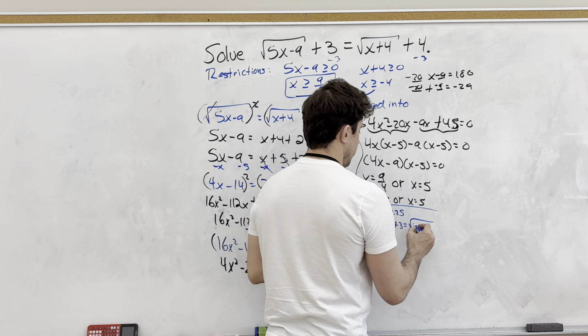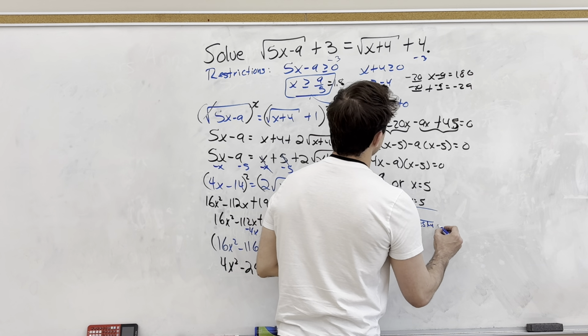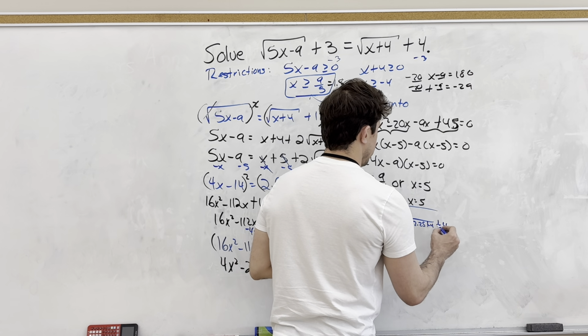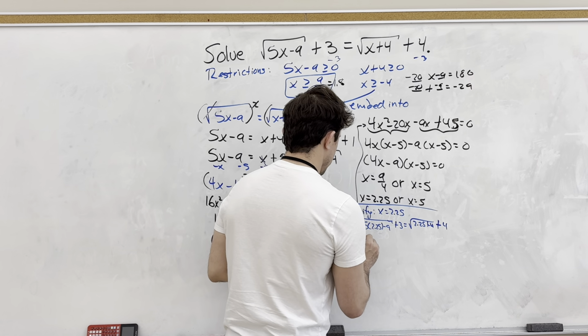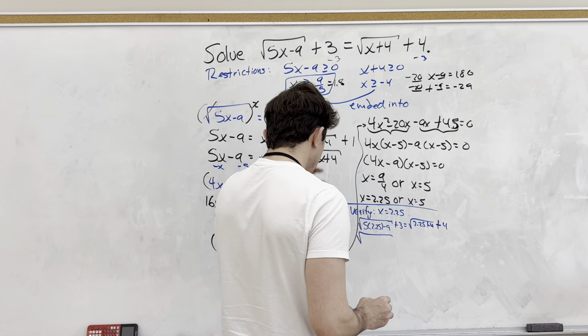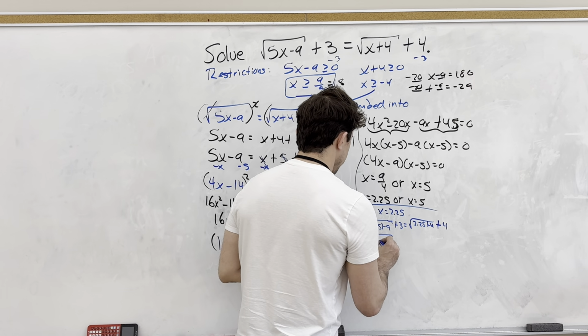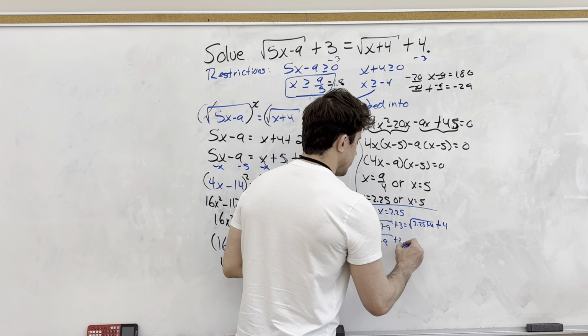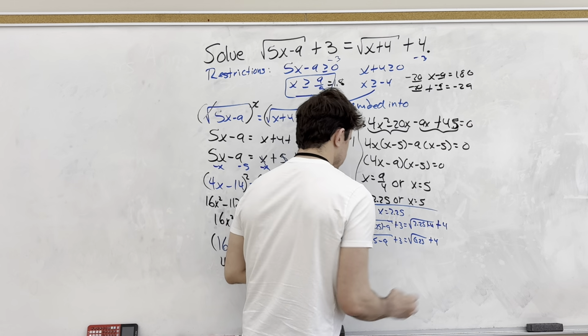is equal to the square root of 2.25 plus 4, plus 4. That means the square root of 5 times 2.25, that's 11.25, minus 9, plus 3 is equal to the square root of 6.25 plus 4.